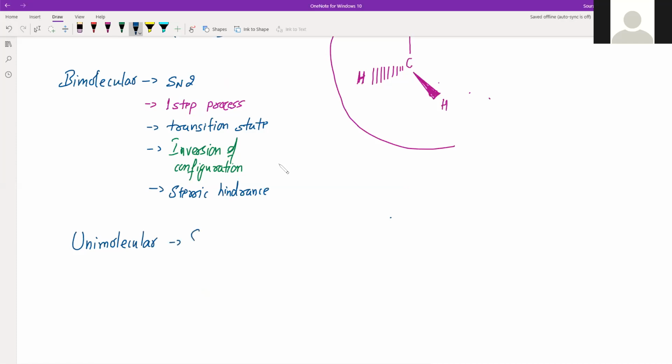That is the SN1 reaction. So this is SN1 because 1 represents unimolecular. And this is carried out generally in polar protic solvents.